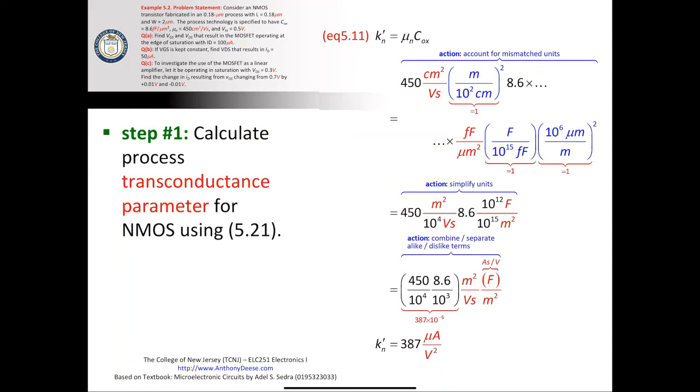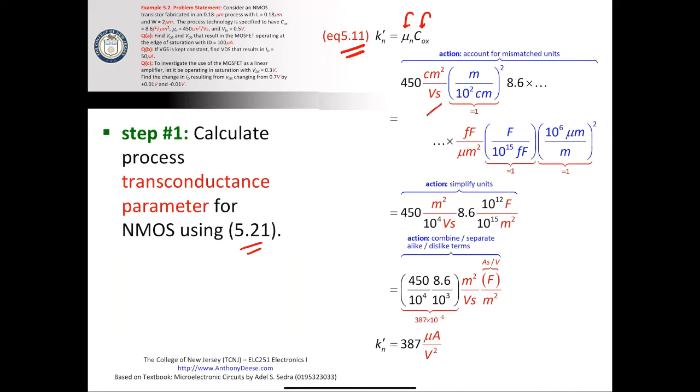So the first step is to calculate the transconductance parameter for the NMOS using this equation shown here. I'm not sure why I wrote 521 and then 511, but I think it's equation 511. We have our mobility, we have our oxide capacitance, and there's not too much difficulty here if we assume that we know how to take care of the units.